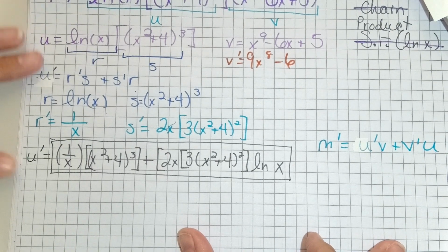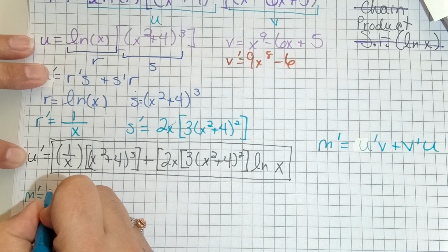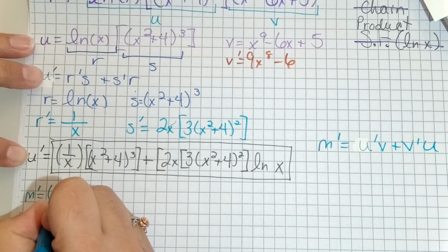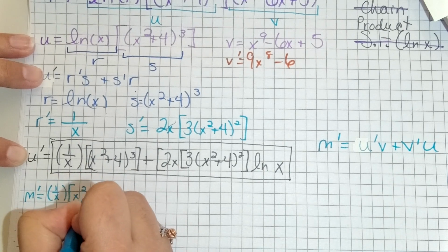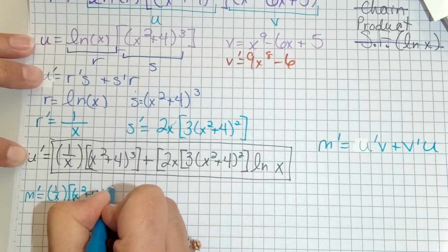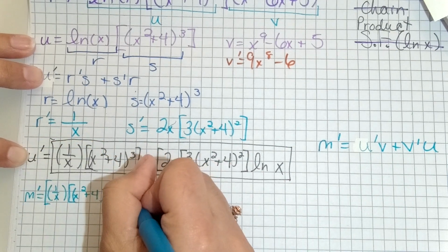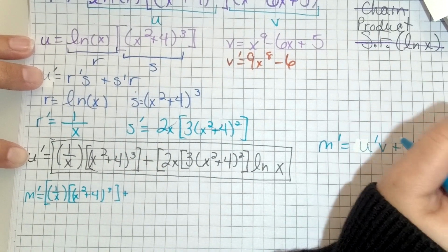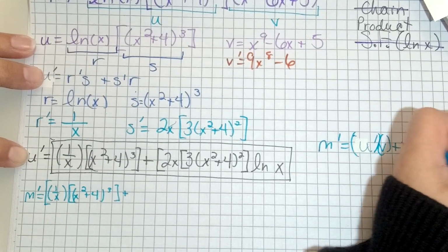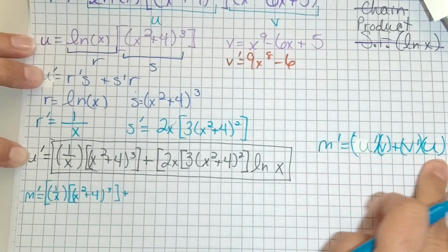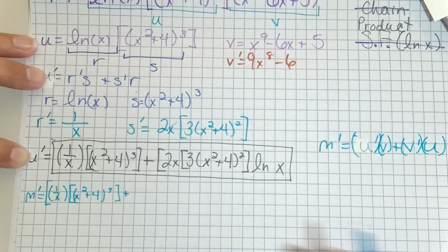All right, let's see if I can write this all on one paper. M prime, 1 over x, x squared plus 4 cubed, plus also seniors, please make sure you're using parentheses around these, okay? If you need to add parentheses in your derivative so you know to remember parentheses, do that.